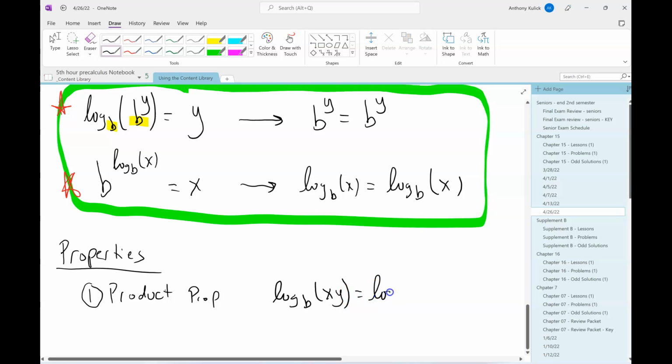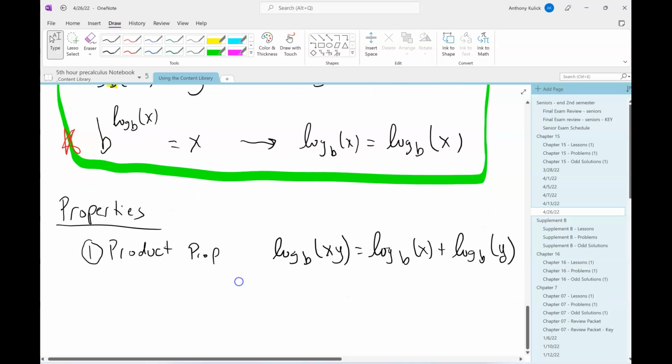I don't remember what that went up to, 89 or 92. But those three, again, were the product property, the quotient property, and the power property.